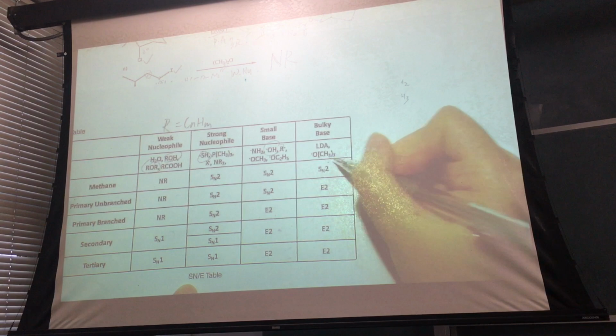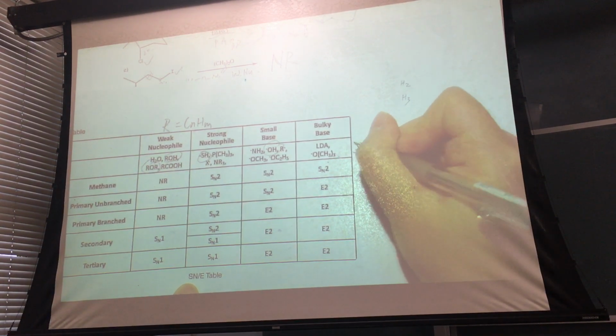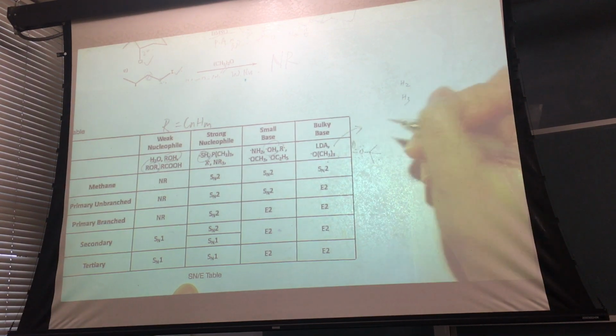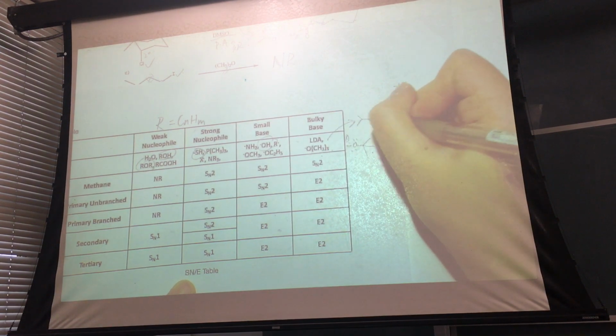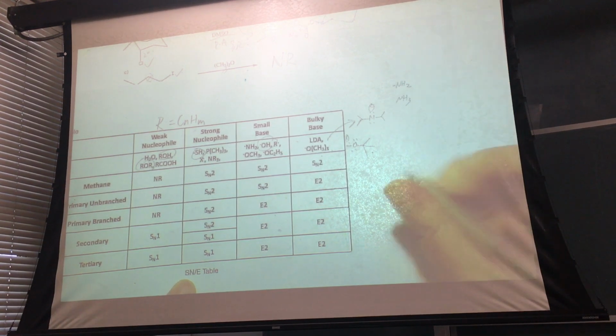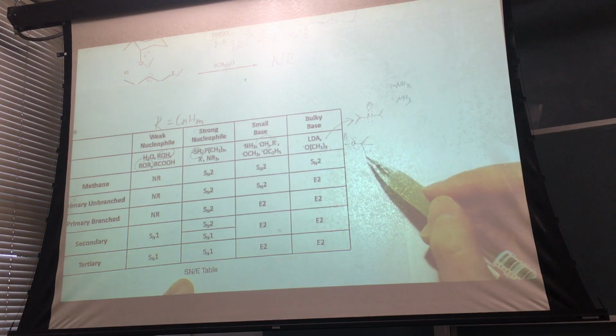One is O-tert-butyl, which looks like this, O minus. The other is LDA, which looks like this. I think at your stage, you only learn these two bulky bases. So if it's not one of these two, it's a small strong base.